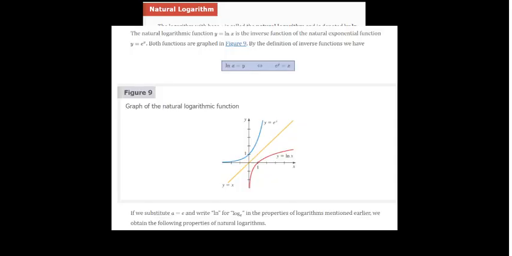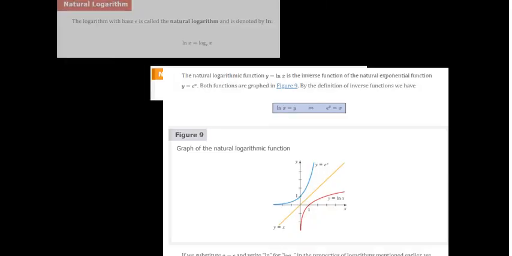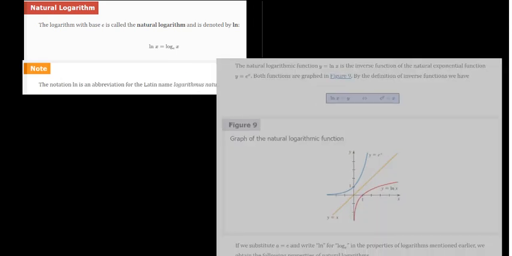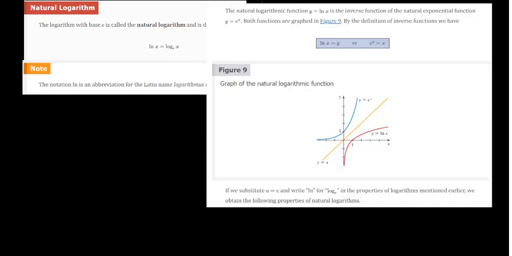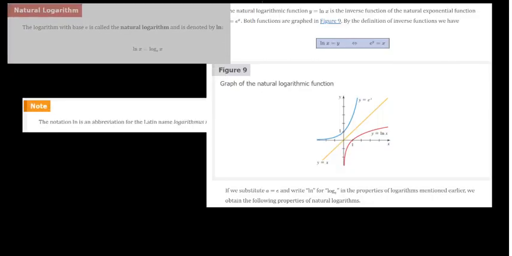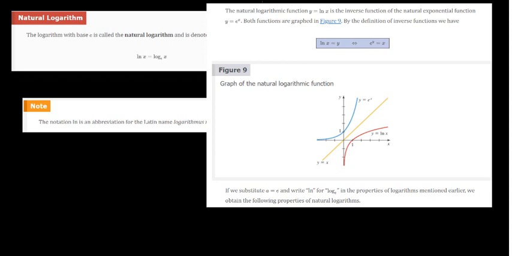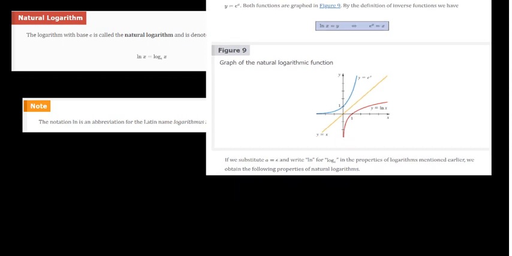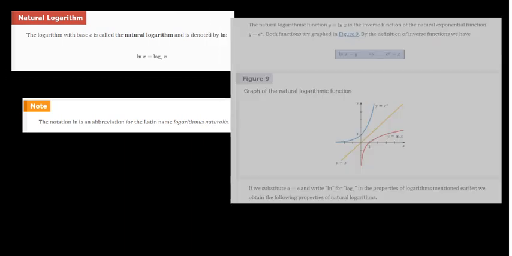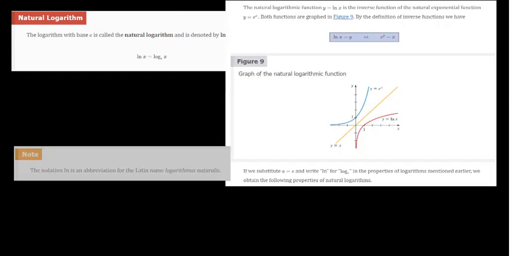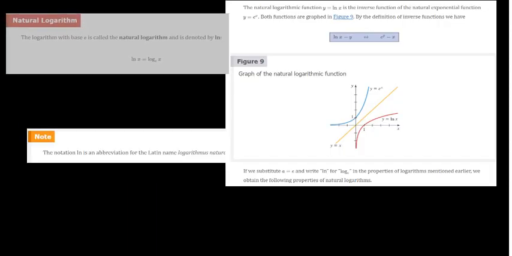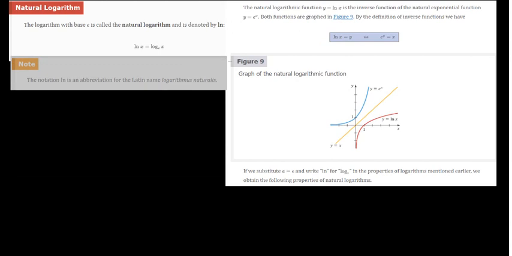Is that fit? I think we can make that fit. We'll make it smaller. Yeah, that's fine.